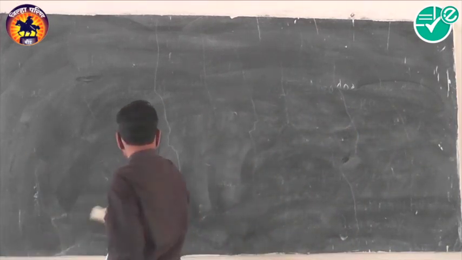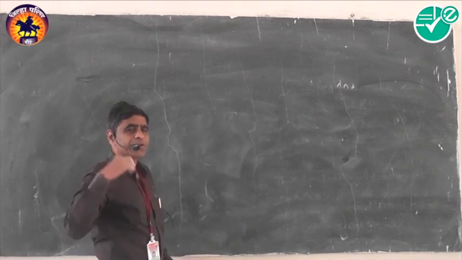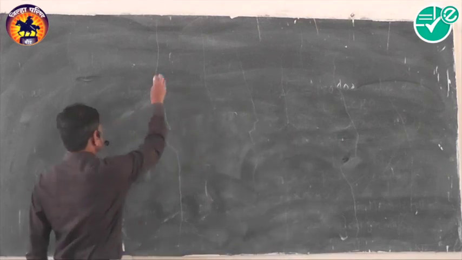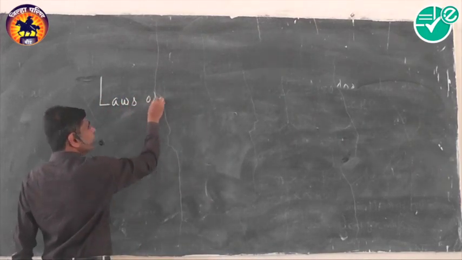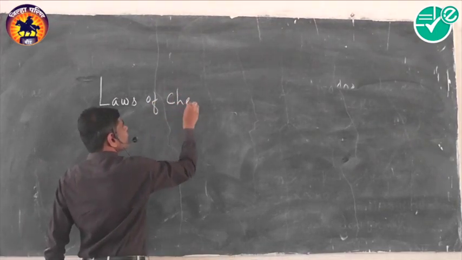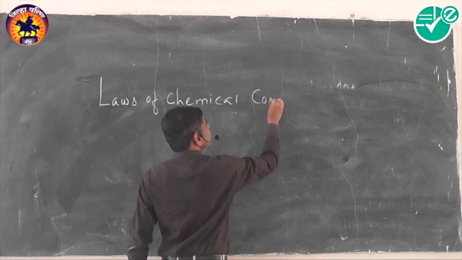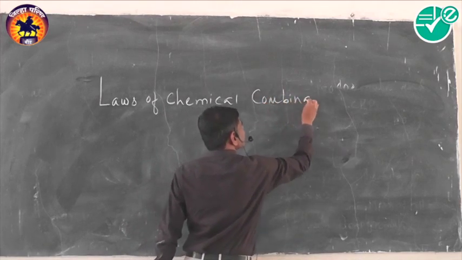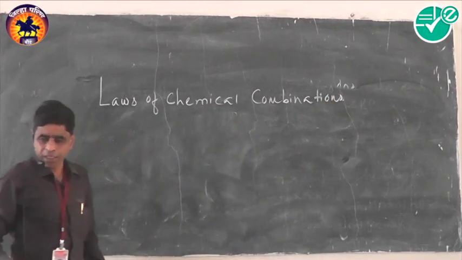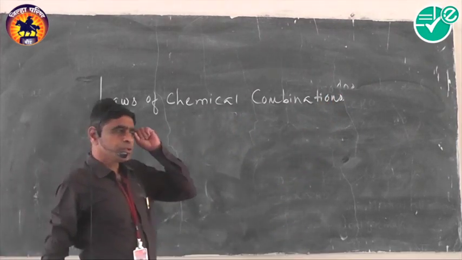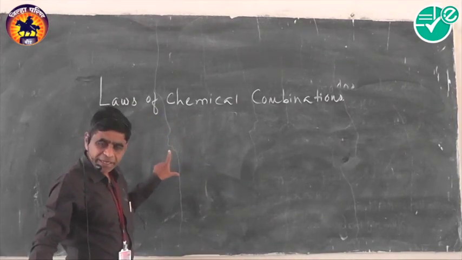Now then let us discuss some new article that is related to laws of chemical combination. Laws of chemical combinations. Now what are laws of chemical combination? Actually, remember there are 2 types of analysis for a balanced chemical reaction.